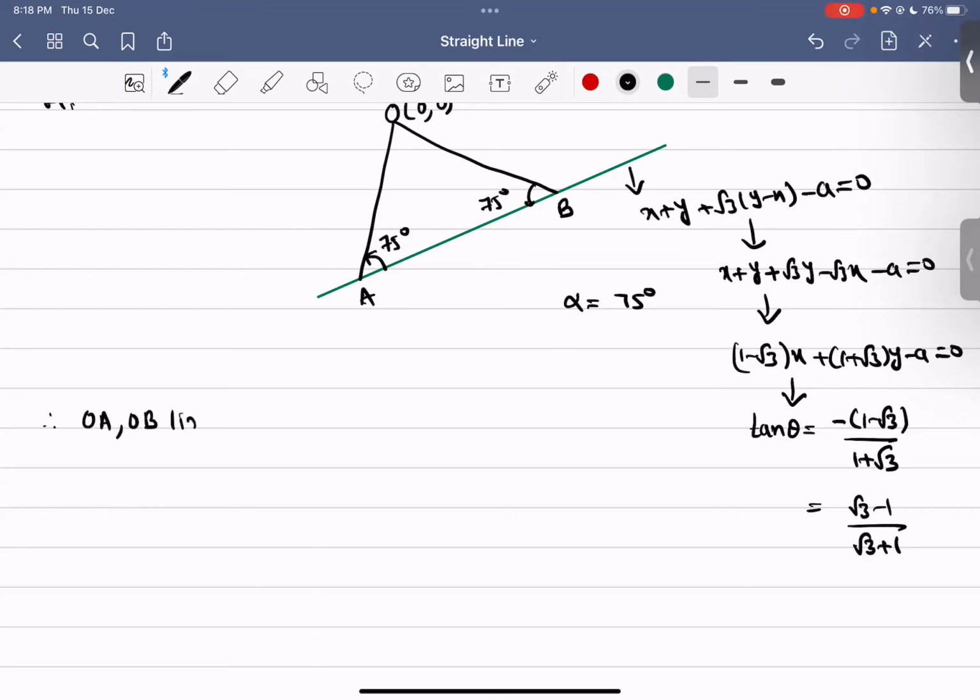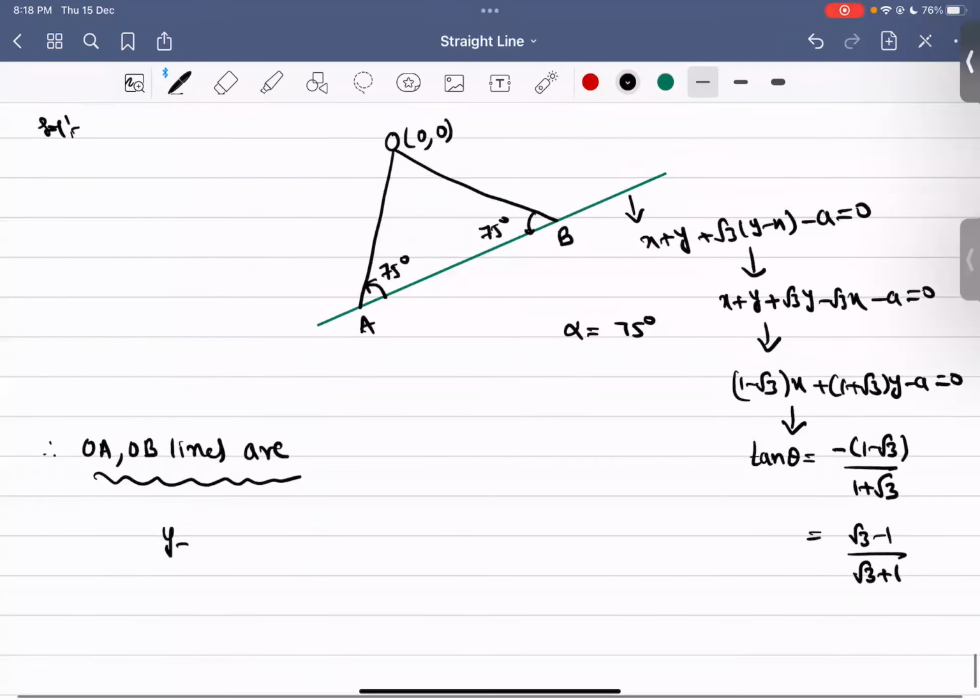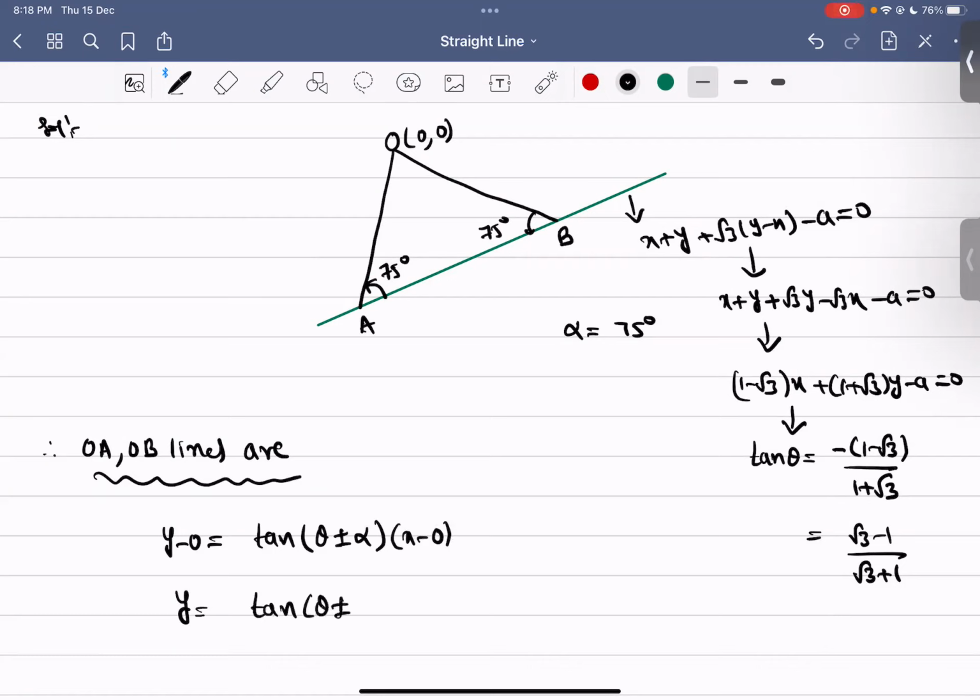Now the required lines, that is OA and OB lines, pass through the point 0 comma 0. Therefore y minus 0 is equals to tan of theta plus or minus alpha into x minus 0. That is nothing but y is equals to tan of theta plus or minus alpha into x.